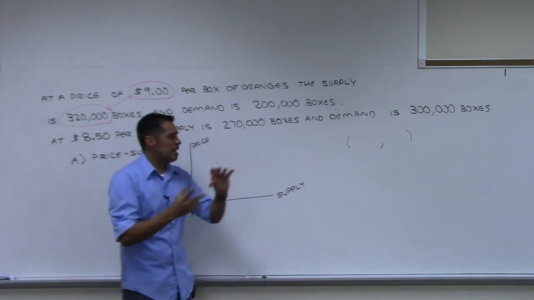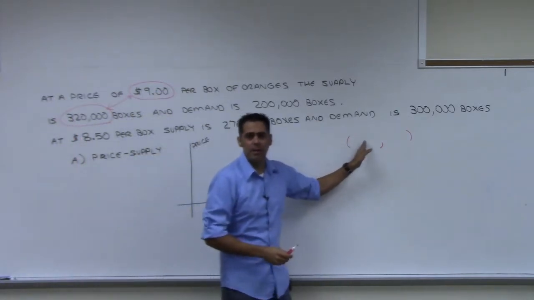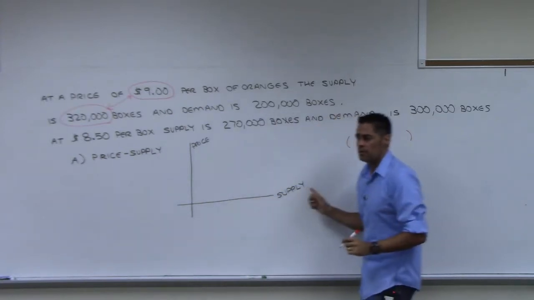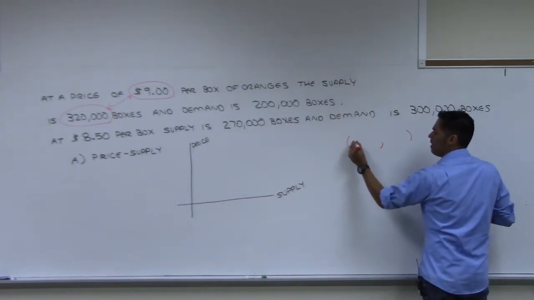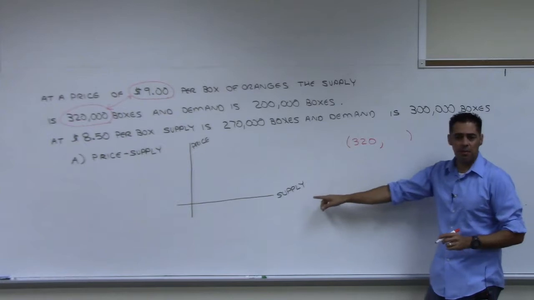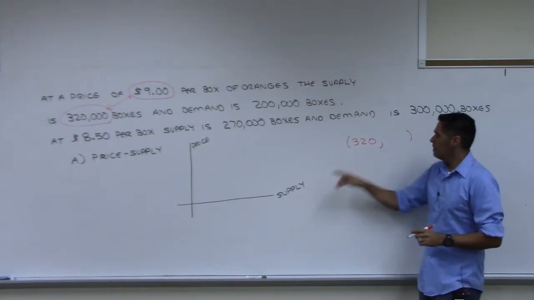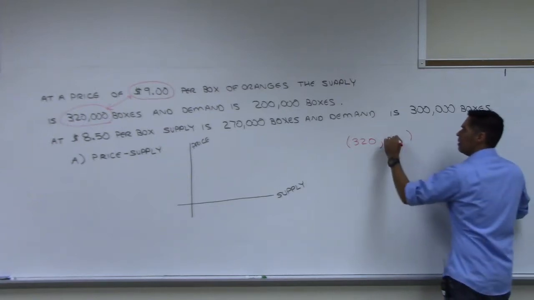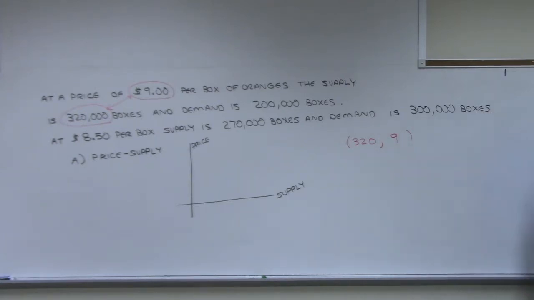So the most common mistake I see here is that people will put 9 here and 320 here, but it's actually backwards because of the way the graph looks. So this is 320,000, or what is this? Just 320, right? Remember, supply is measured in thousands. So 320 here, and then what goes here? 9. Okay, so that's one thing we know about the price and supply.